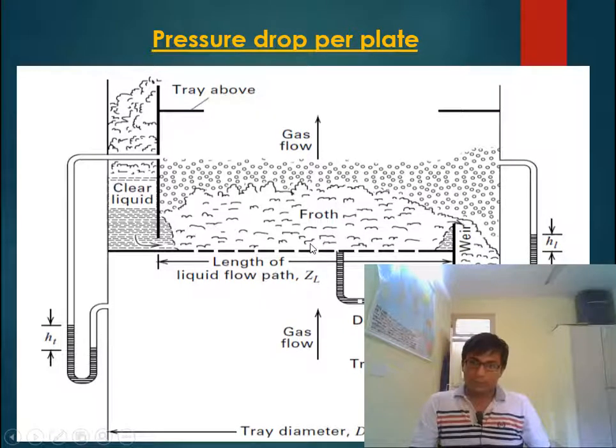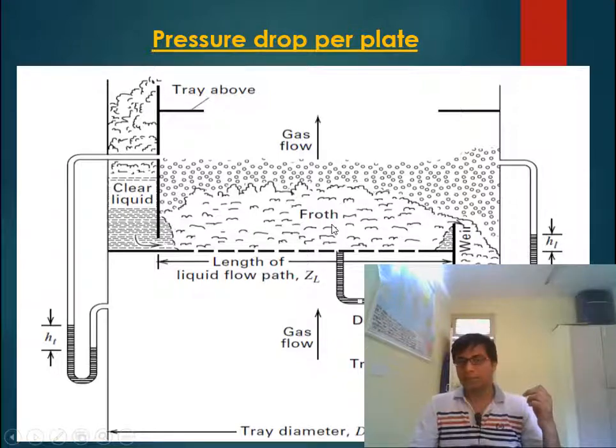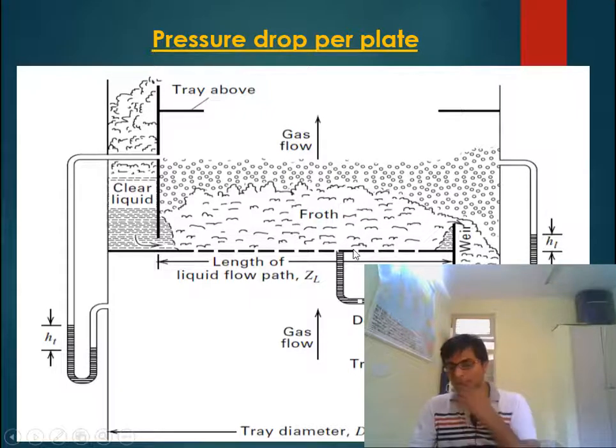Now what will this hydraulic tray pressure drop be? It can be thought of in the reverse direction. The pressure of vapor here and the pressure of vapor here will have some difference, and that difference can be calculated. If I know the pressure at this point, then to find the pressure at the other point, I take the pressure at this point plus density of liquid times g times height of liquid.